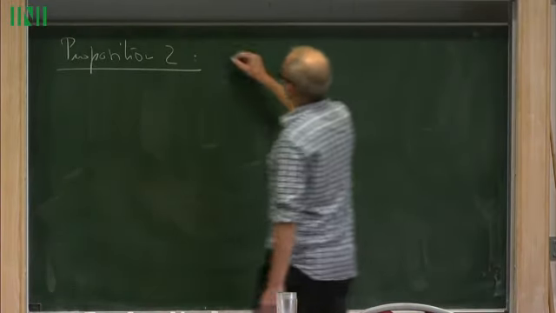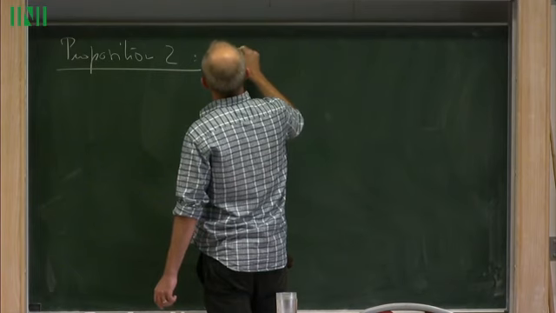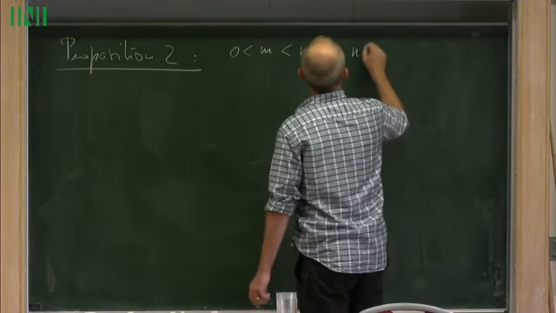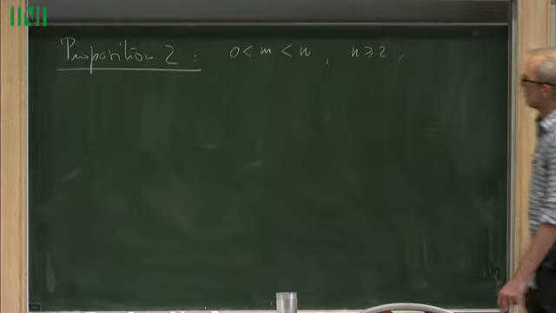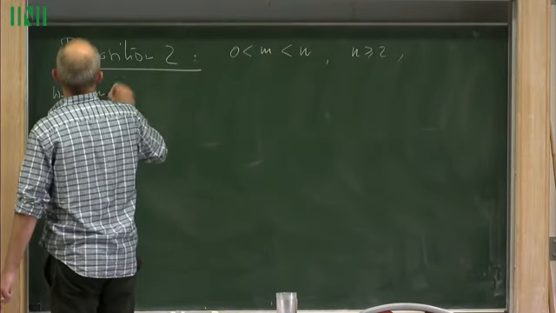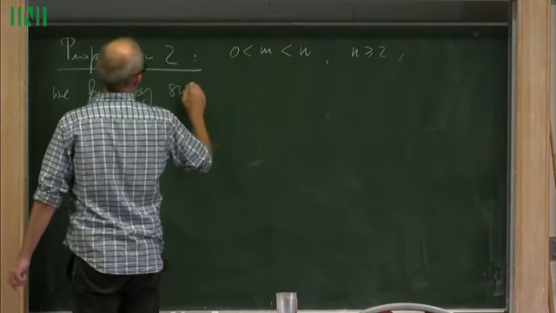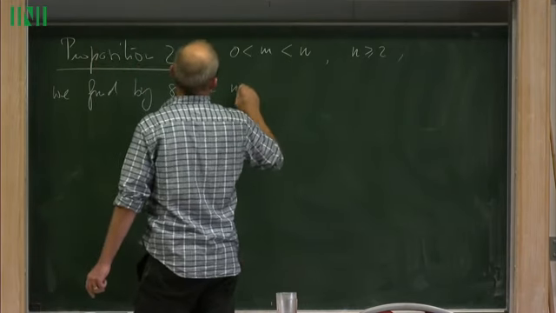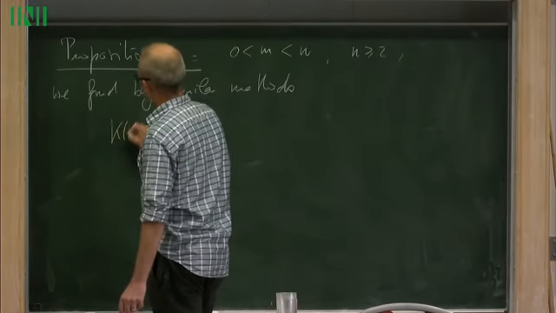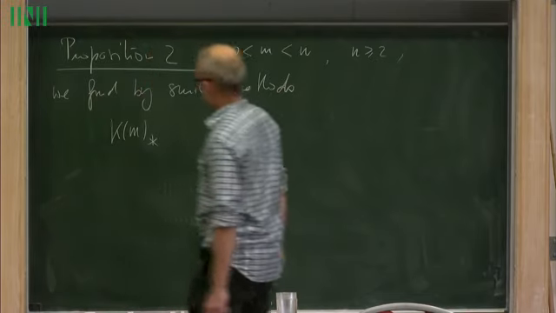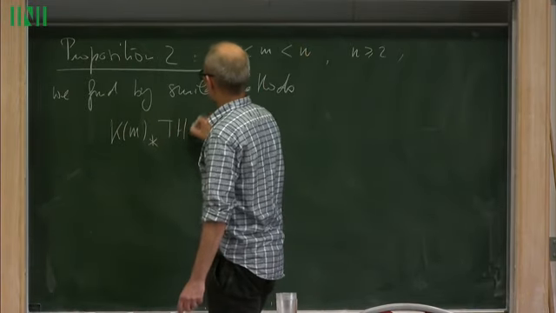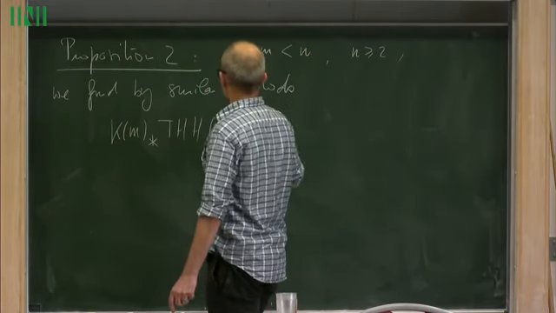Now if we take these numbers, then we find, by similar methods, let's say, that we can compute the nth Morava K-theory of En.